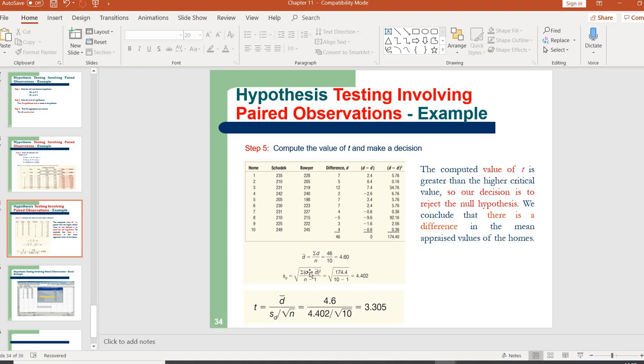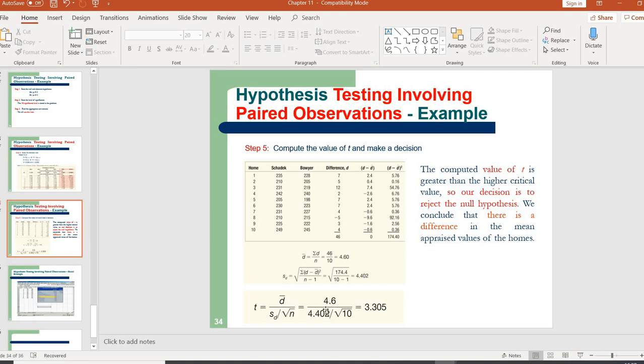We know that already this part here is 147.40 divided by n minus 1. N is 10, so it is 10 minus 1. With the square root, we have the standard deviation of 4.40. Since we now have the standard deviation, we can get the t statistic using this formula: the mean difference of the samples divided by the standard deviation divided by the square root of n.